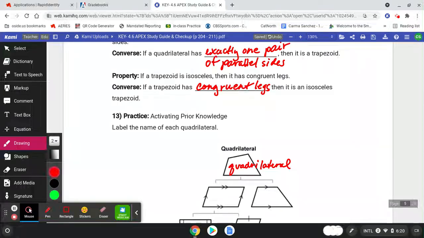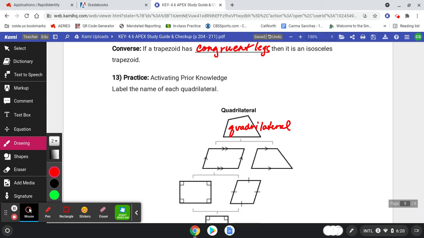Notice there are no parallel sides. So now, of all these quadrilaterals, we've studied parallelograms and trapezoids. Notice that this has one pair of parallel sides, and this one has two pair of parallel sides.